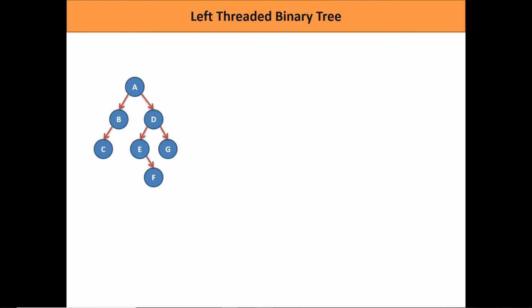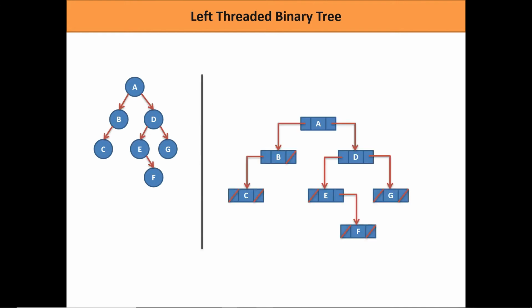For this, the binary tree is already given over here and the link representation of binary tree is also given here. Now we have to find the in-order traversal of this tree. So in-order traversal of this tree is C, B, A, E, F, D and G. Now in left threaded binary tree, we have to replace all the left null links with the in-order predecessor.